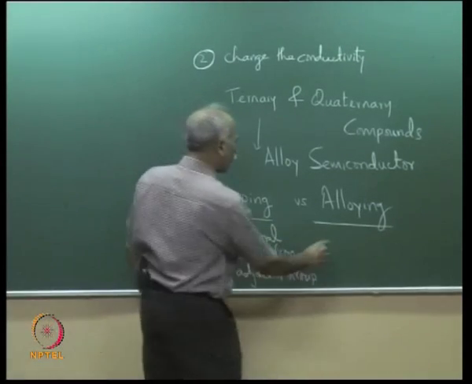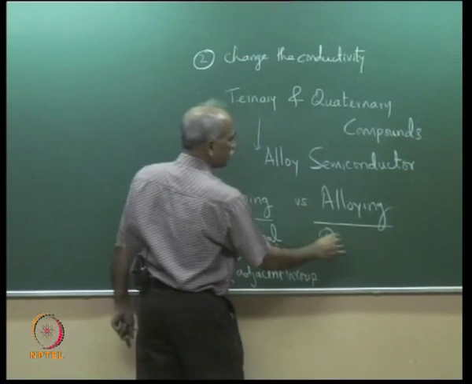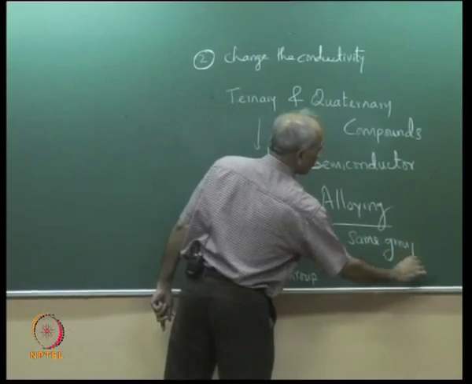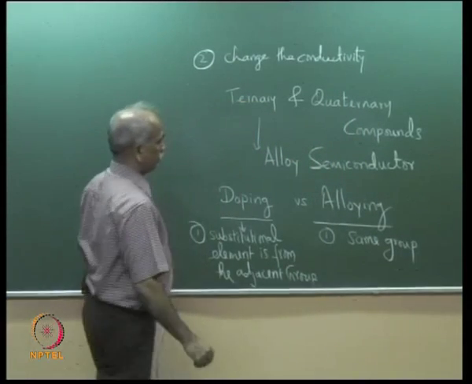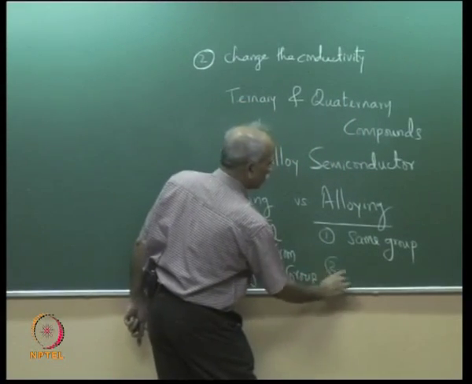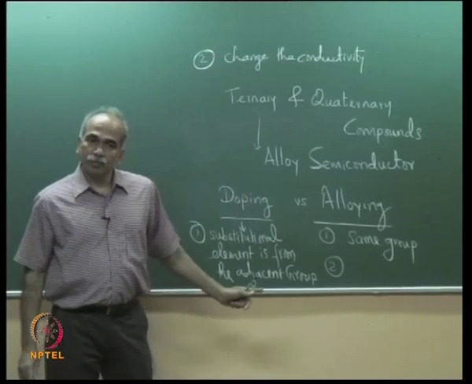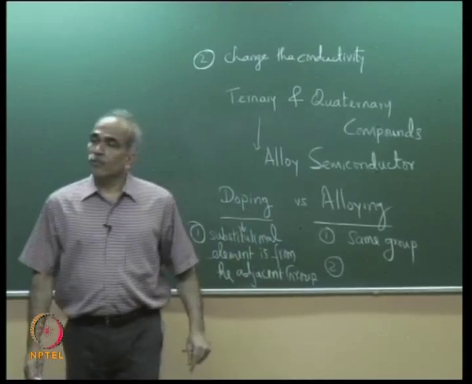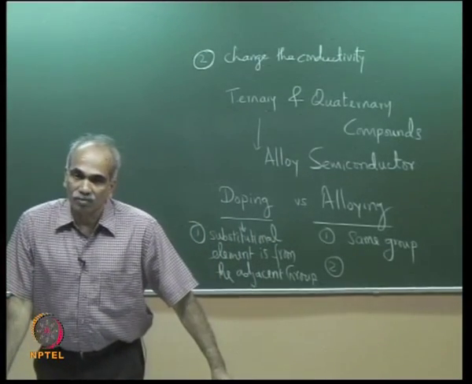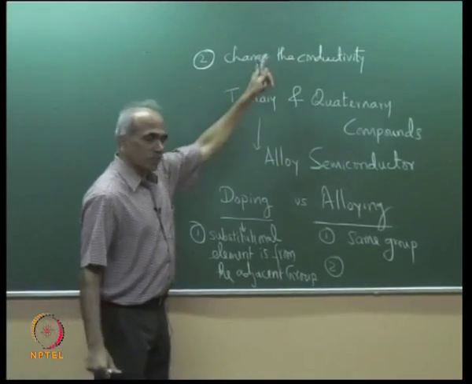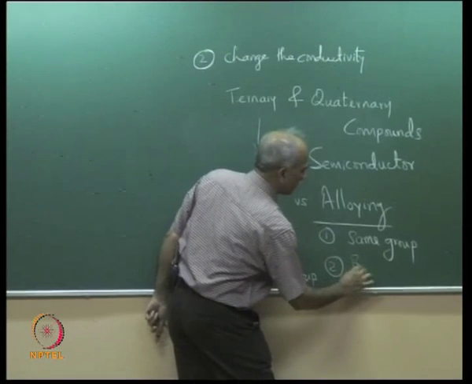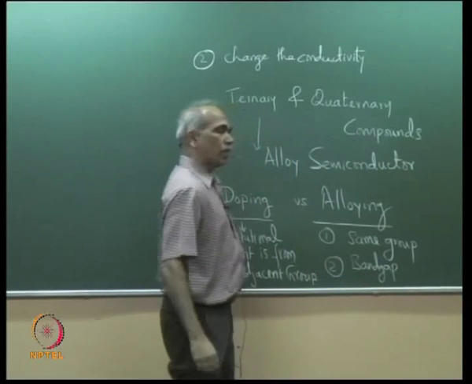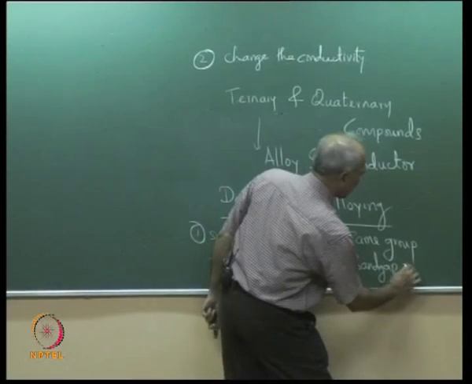And why do we do alloying? What do we achieve by replacing? We get band gap modification. Doping is for changing conductivity; alloying is for band gap modification. Very little changes in terms of conductivity, but there is band gap modification.